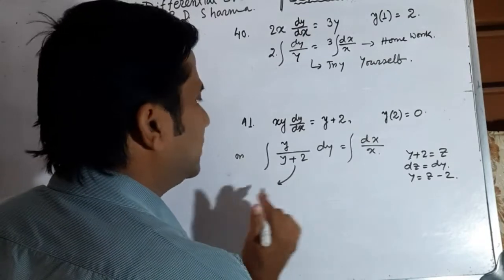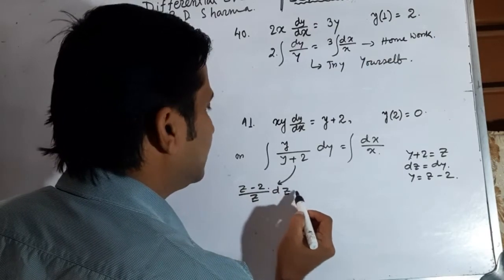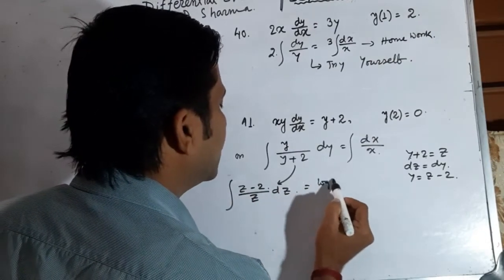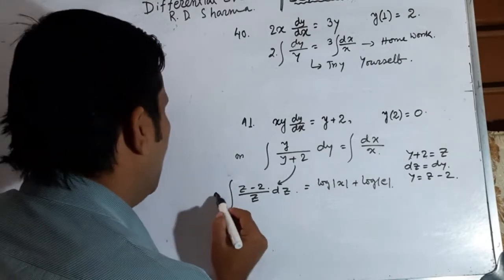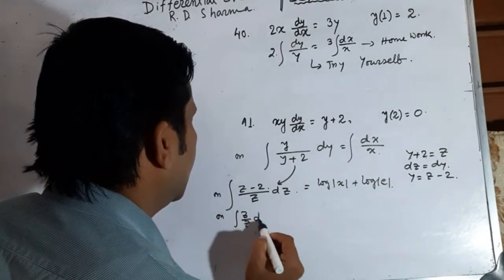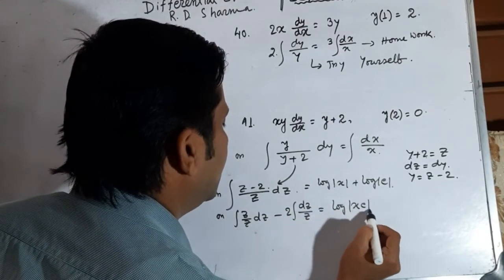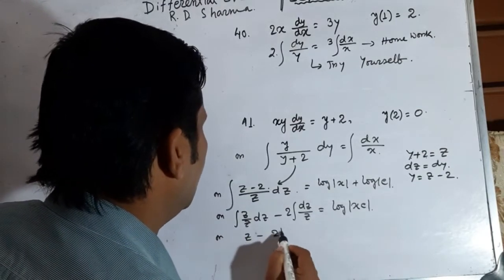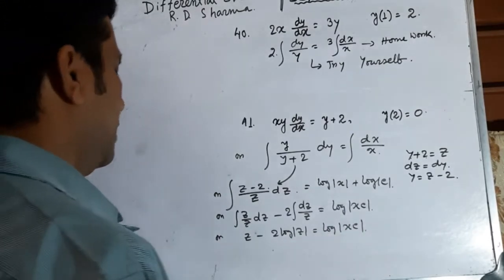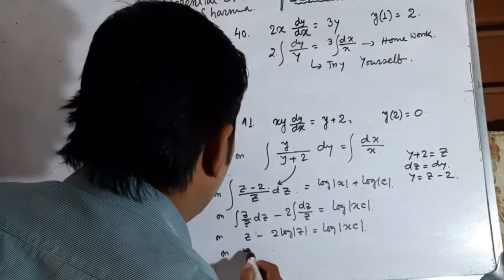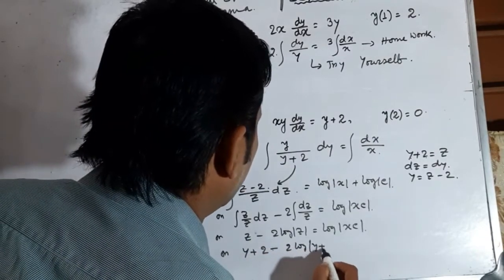That means you can write (z minus 2)/z dz = log x + log c, or the integral of z/z dz minus 2 dz/z = log xc, or z minus 2 log z = log xc, or, z meaning y + 2, y + 2 minus 2 log(y + 2) = log xc.